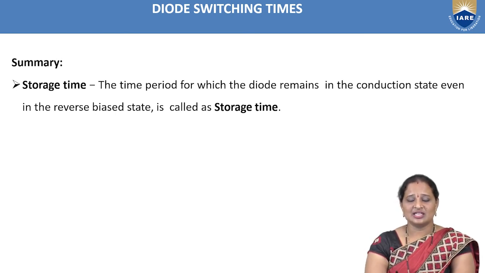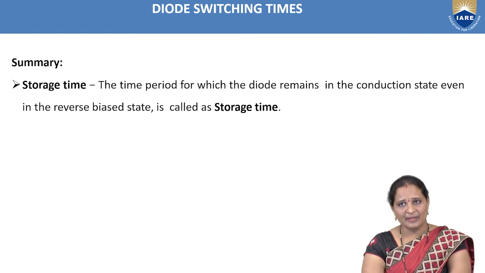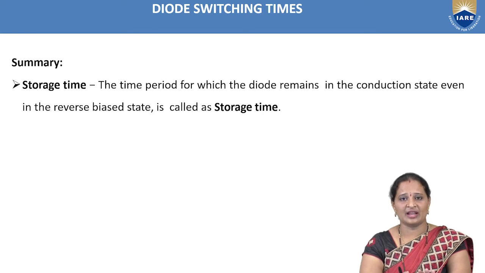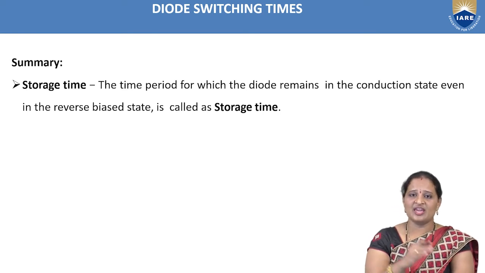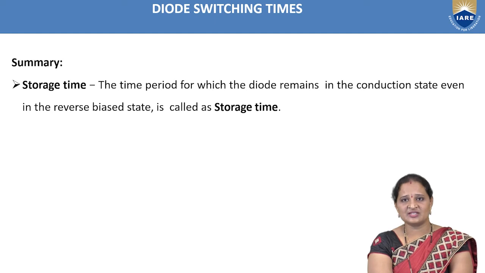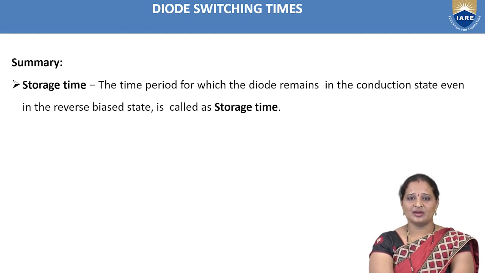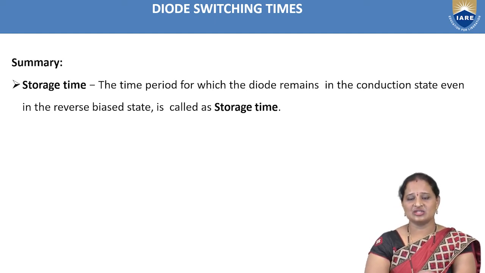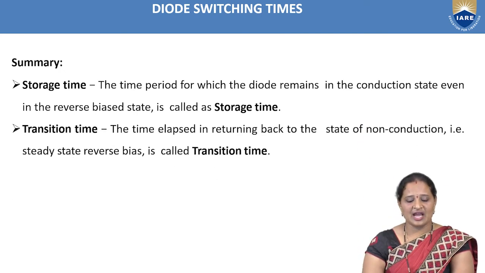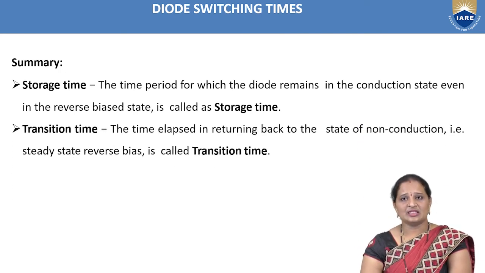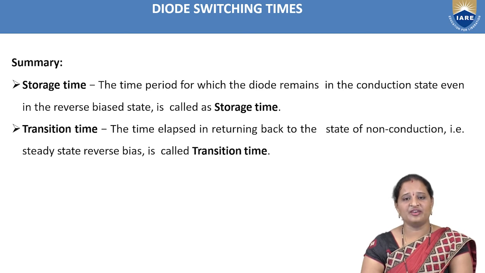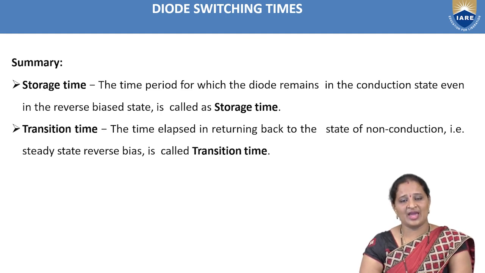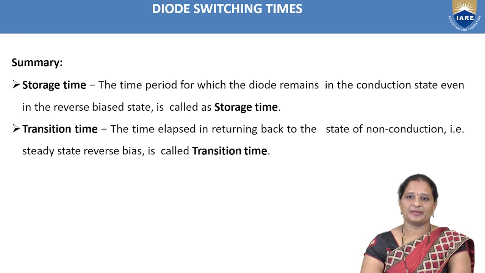That means the time required by the diode to remain in the conduction state even when the applied voltage is reversed, or reverse biased. So that is called the storage time. Next, coming to the transition time, the time elapsed in returning back to the state of non-conduction, that is steady state reverse bias, is called the transition time.